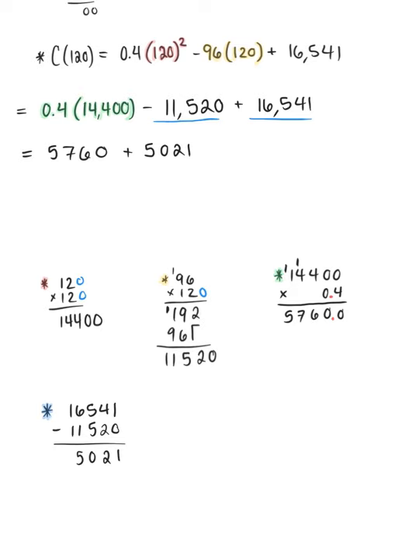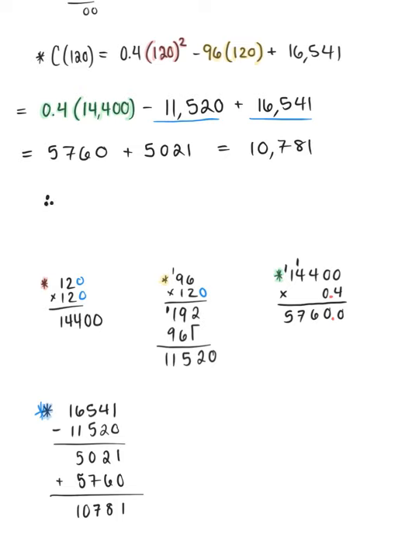So let's take this result that we just found and simply add 5,760. So 1 plus 0 is 1, 2 plus 6 is 8, 0 plus 7 is 7, and 5 plus 5 is 10. So this leaves us with a final answer of 10,781. So what is this telling us?